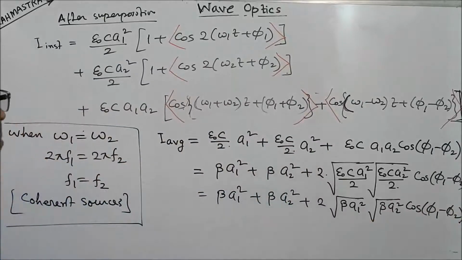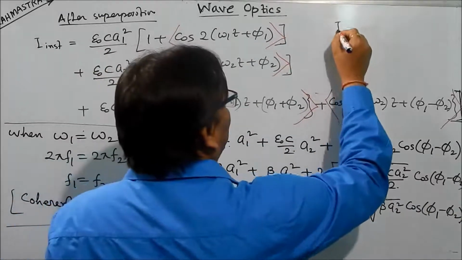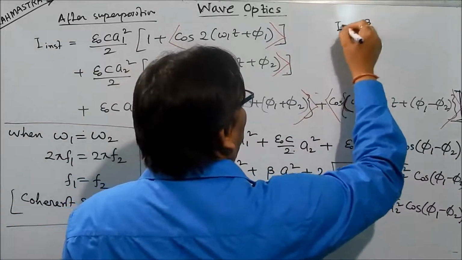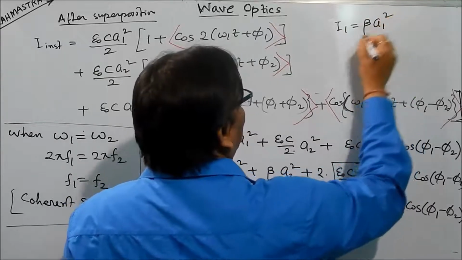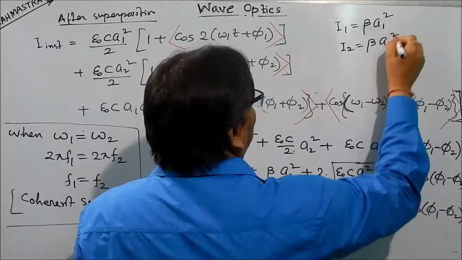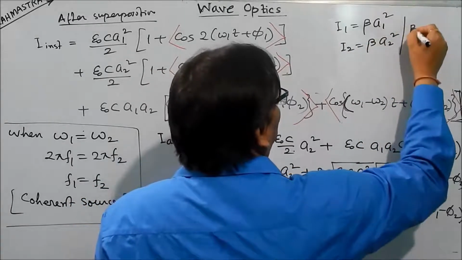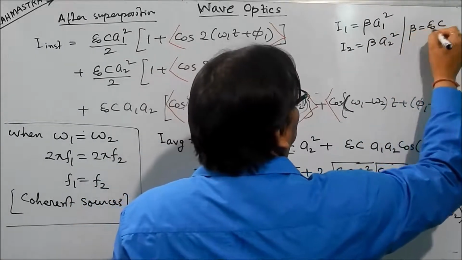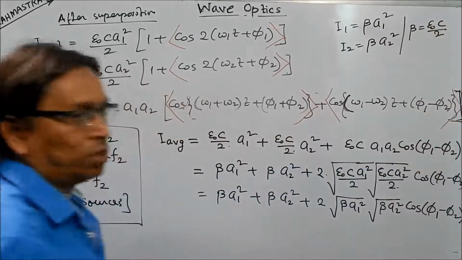So remember that we have taken I1 is equal to beta a1 square and I2 is equal to beta a2 square, where beta is equal to epsilon naught c by 2 that we have considered earlier.